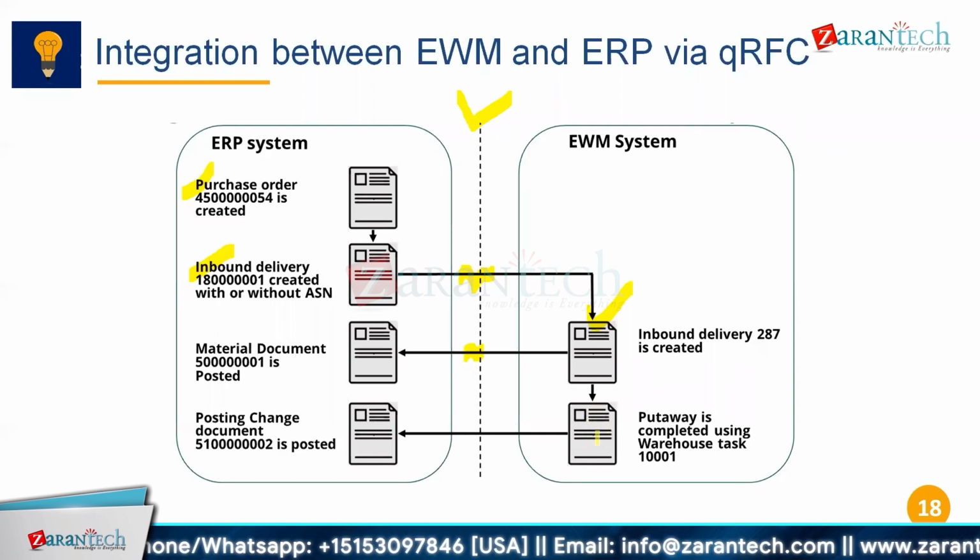Then when the put away is completed, put away means you first receive the parts, you receive the pallet on the scanner, and then you take it to the final bin, and then another message goes to ERP that the delivery is completed. If we are receiving the stock in ROD and our put away is done into the AFS storage location, a posting change document is automatically sent to ERP that the storage location has changed from ROD to AFS.